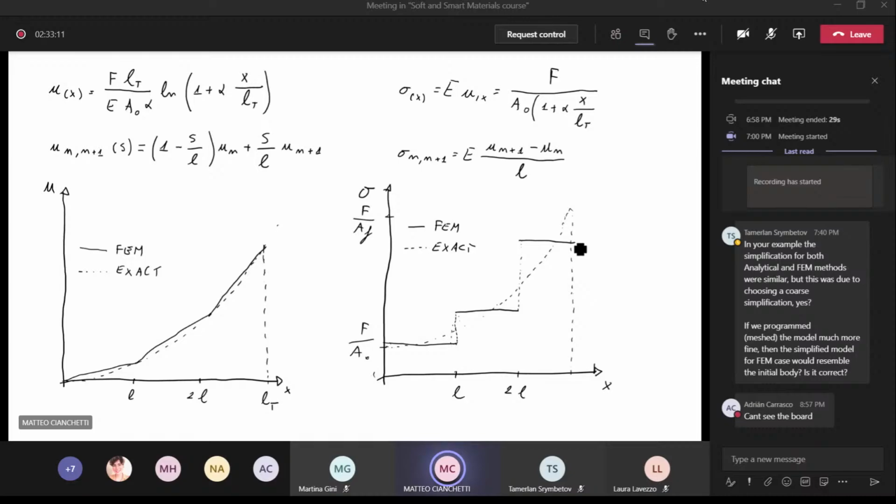ANSYS negli ultimi anni ha fatto un incredibile passo avanti sull'analisi lineare, sorpassando quelli che fino a 5-6 anni fa erano i suoi principali competitor, cioè Abaqus, Marc e altri. Insomma, tutti quelli che facevano analisi strutturali non lineari.